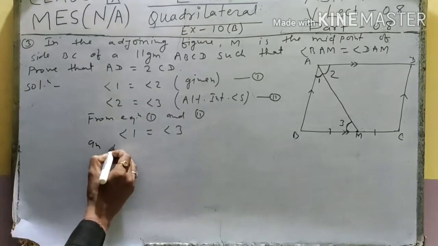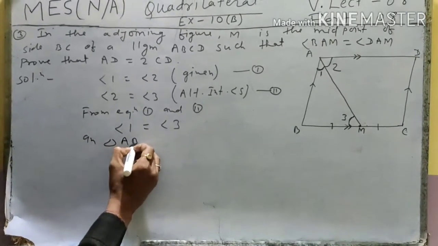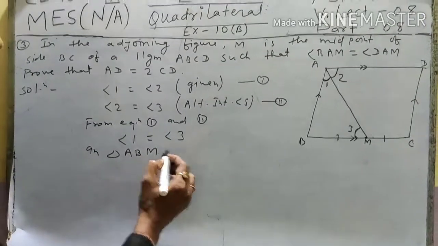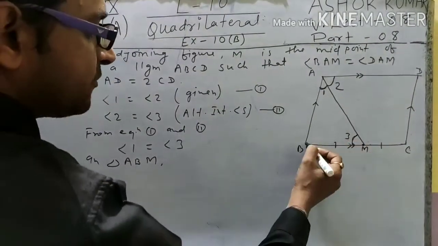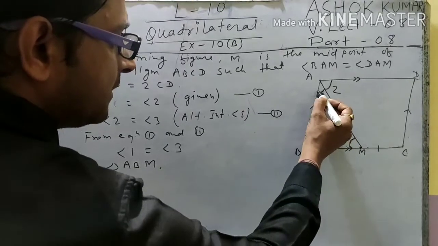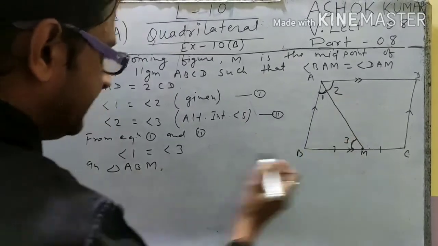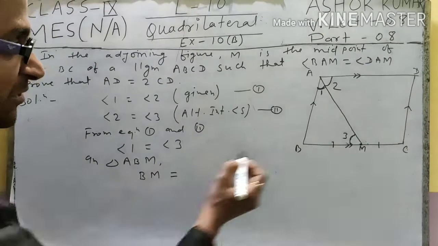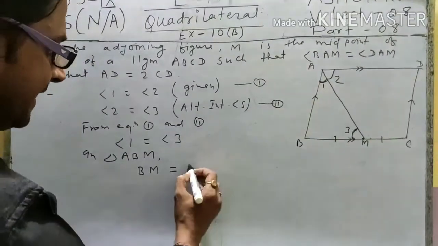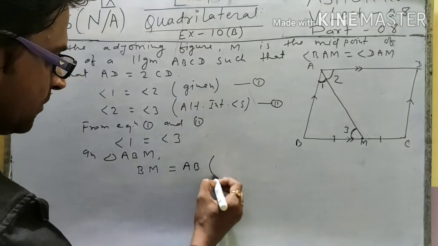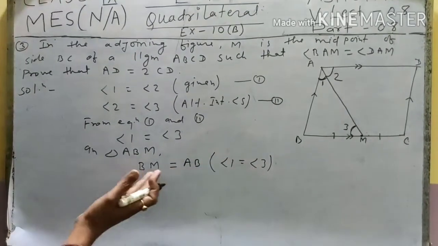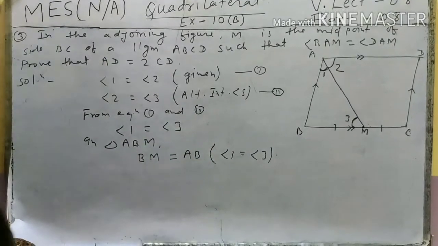So in triangle ABM, angle 1 is equal to angle 3, so the opposite sides are also equal. Opposite side of angle 1 is BM, opposite side of angle 3 is AB. So BM is equal to AB. Put here reason, angle 1 is equal to angle 3. That's why BM is equal to AB.